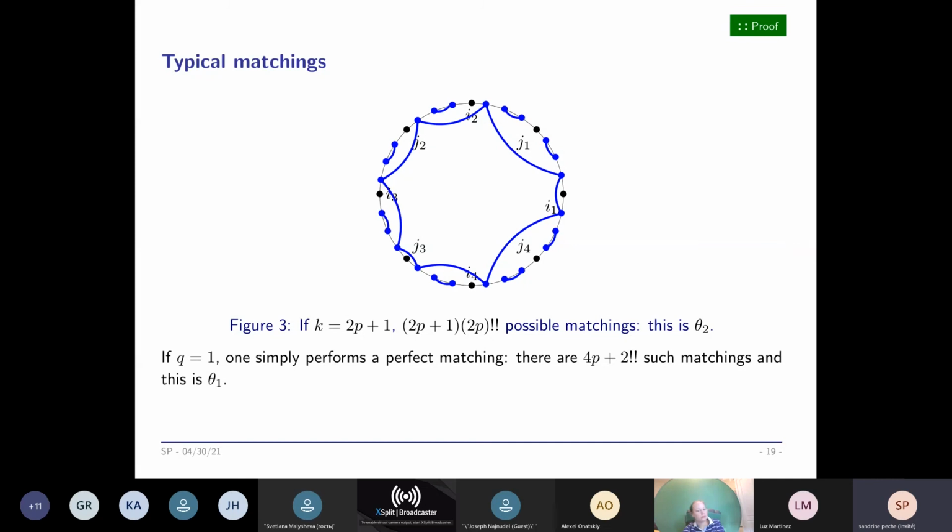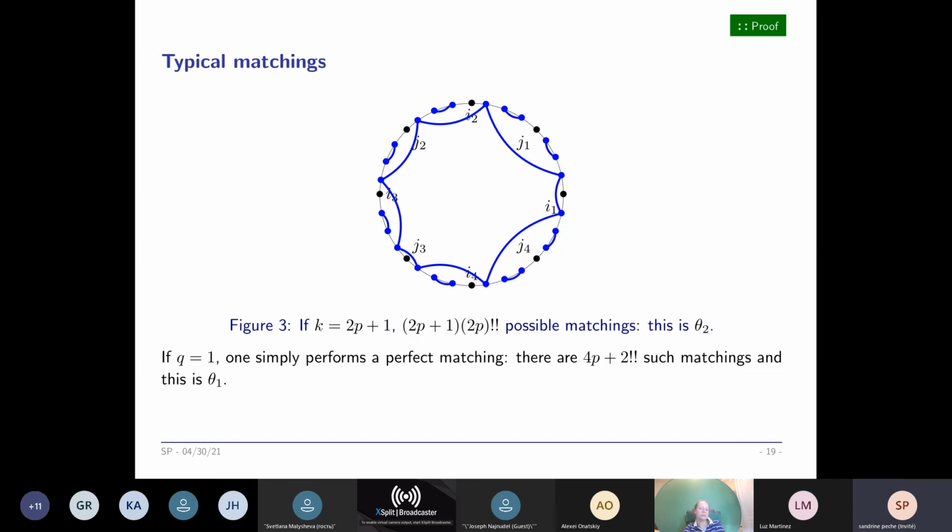Because for an odd monomial, if k is equal to 2p plus 1, we simply have to choose the index which is in the long blue cycle. There are 2p plus 1 such choices. And then we get the number of perfect matchings of the remaining indices. And this is actually theta 1 of the monomial xk.